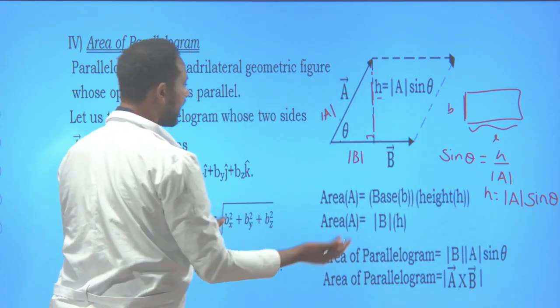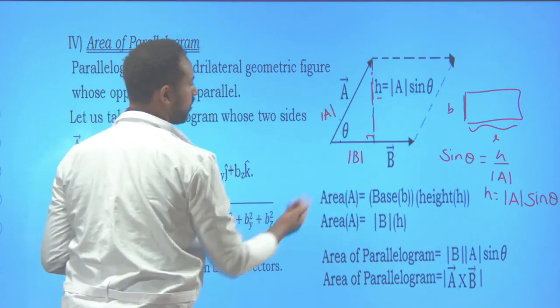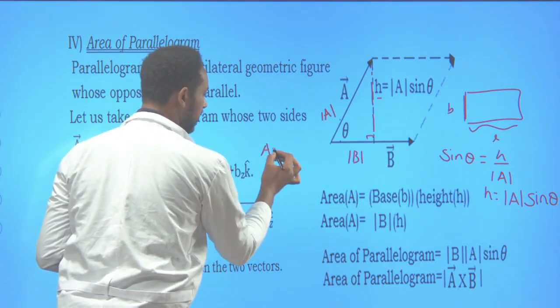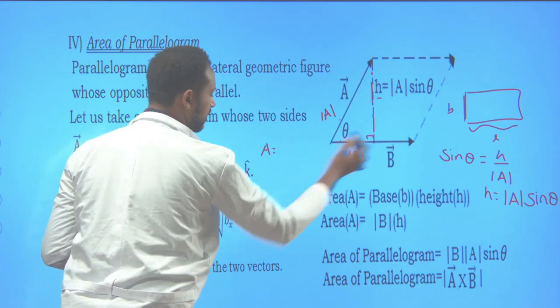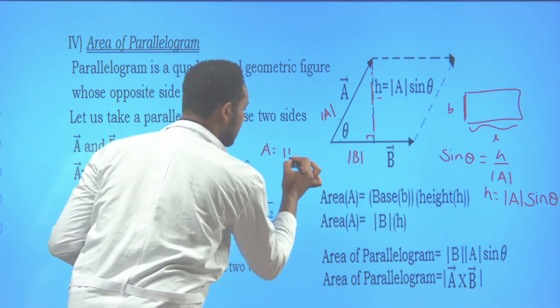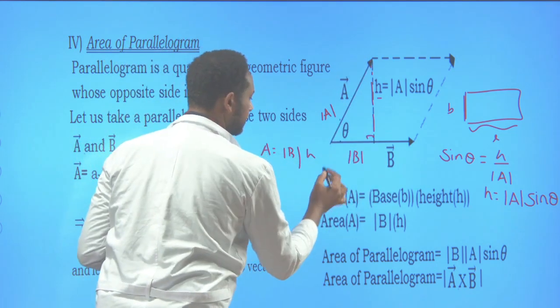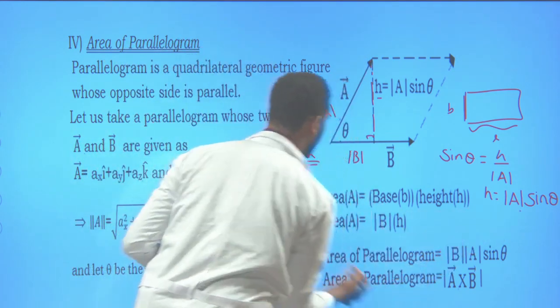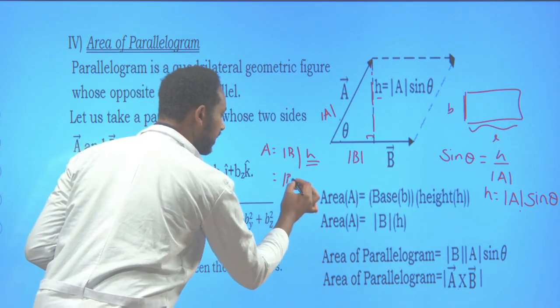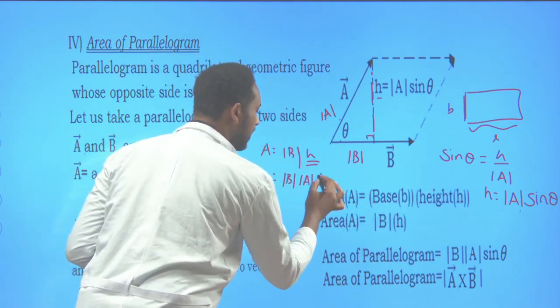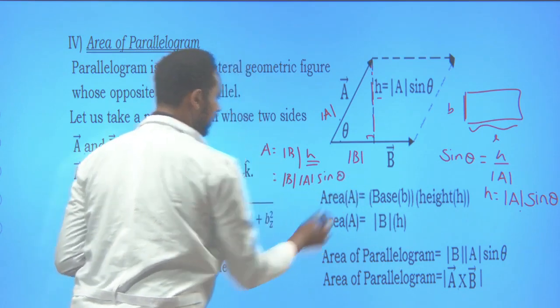And we know that the area of a given parallelogram or rectangle is length times width. The length is, in this case, the magnitude of B, and the height is h. And h can be represented as the magnitude of A sine theta. So the area is the magnitude of B times the magnitude of A sine theta.